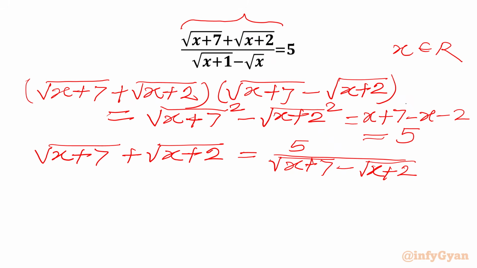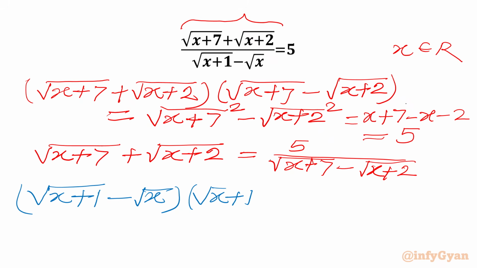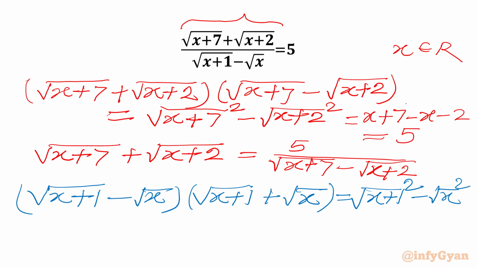Now we will rationalize the denominator also, or we can multiply √(x+1) − √x with √(x+1) + √x. (a − b) times (a + b). We will use the difference of two squares formula and write (√(x+1))² − (√x)², which will be equal to x + 1 − x, which is 1.